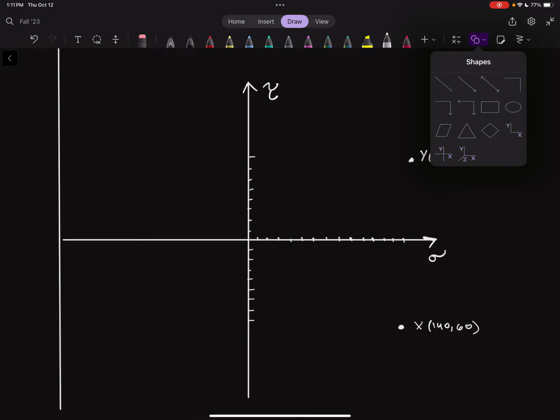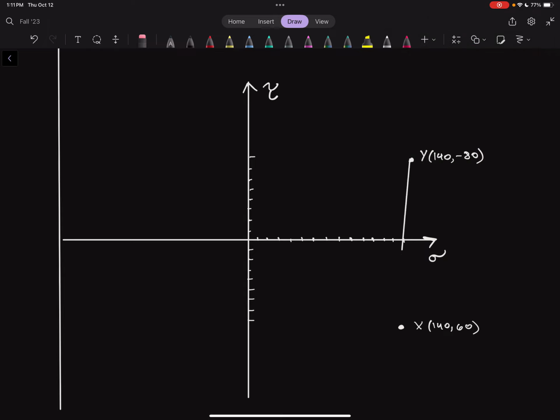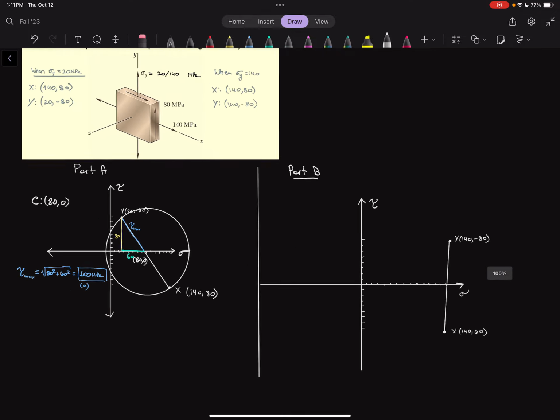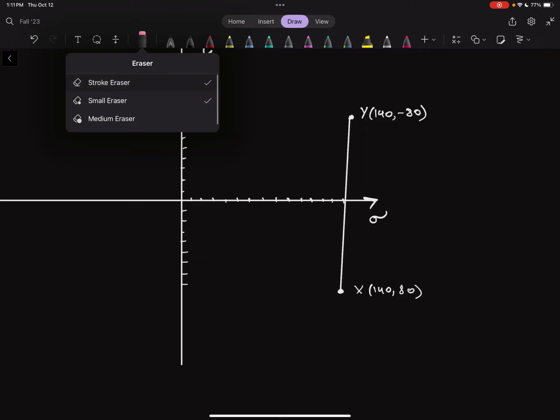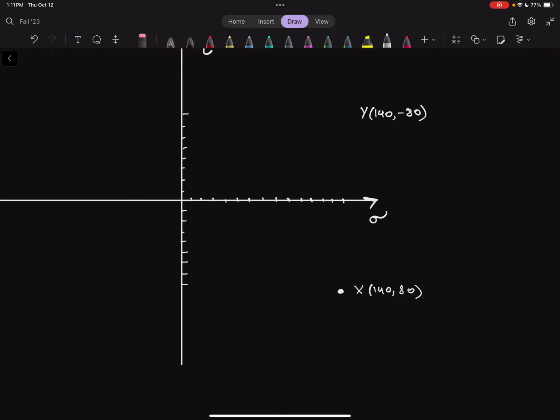So now we can connect the two. They should be perfect. Hold on. It should be 1, 2, 3, 4, 5, 6, 7, 8. And they should be perfectly straight. So let's fix that. Like here.